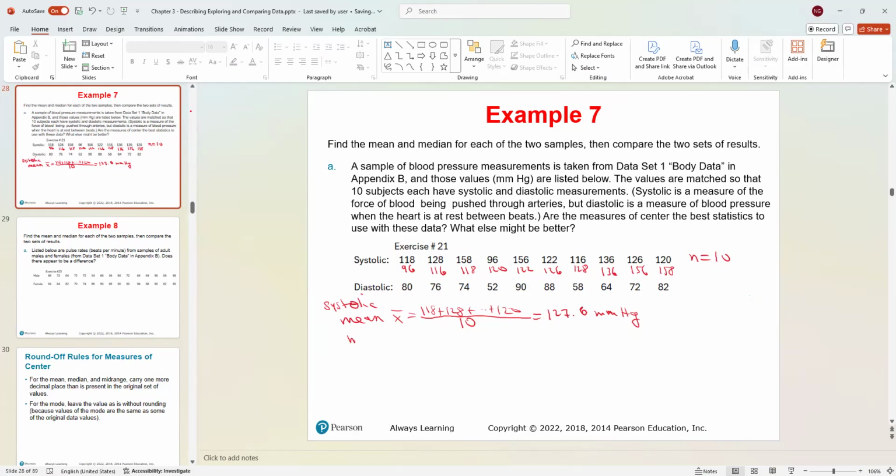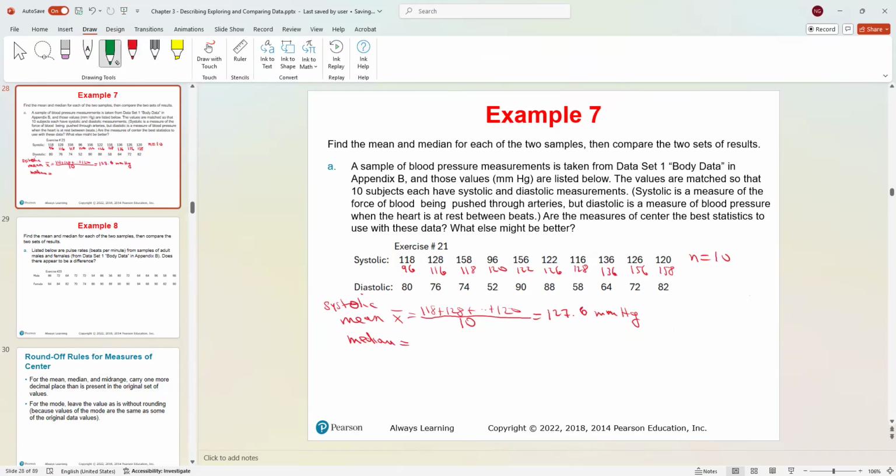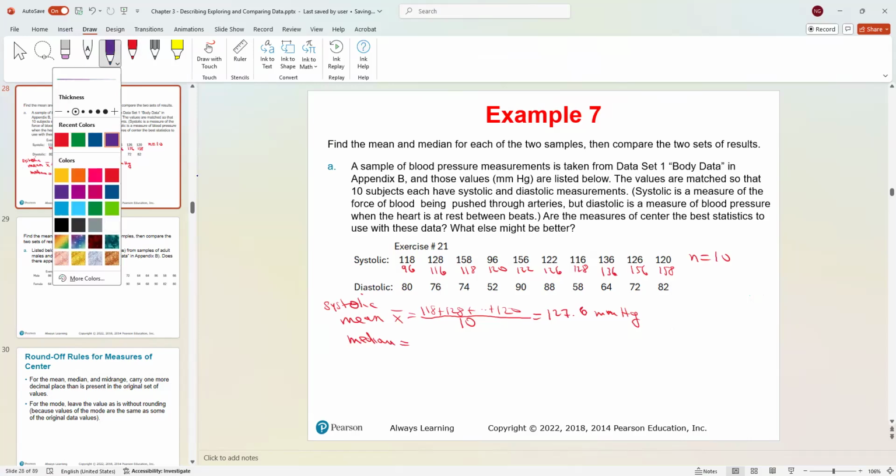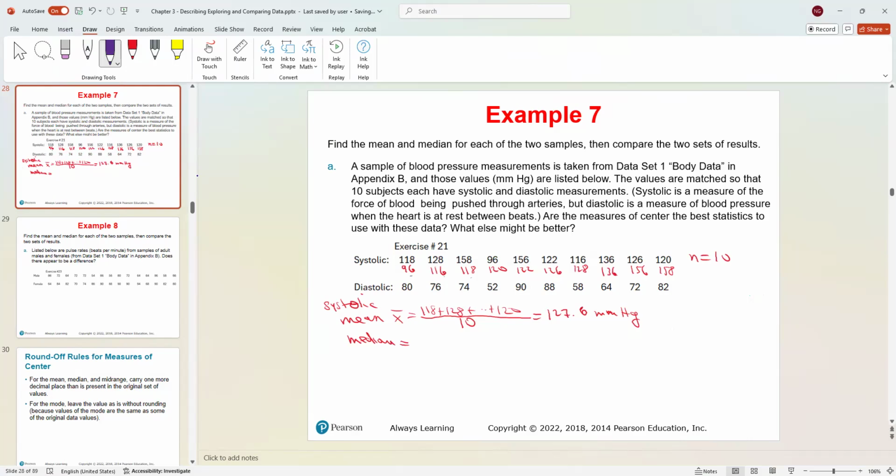So the median, because the number of data in the data set is even, because it's 10, we need to take the two in the middle: 1, 2, 3, 4, 5. It should be here. So we're going to take these two and divide by 2. So 122 plus 126 over 2.